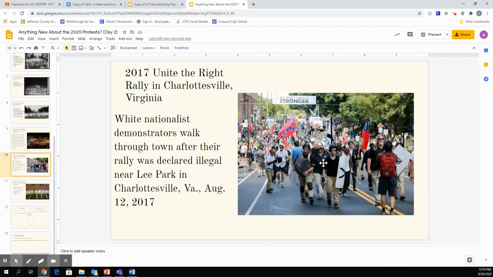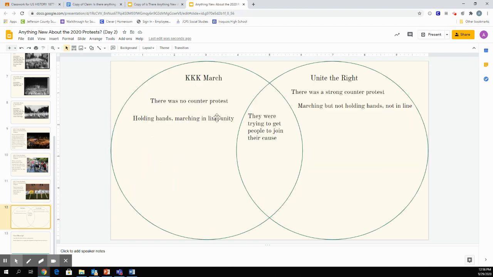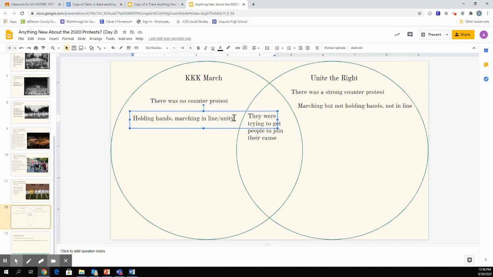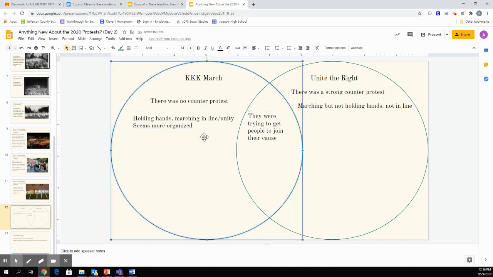Nobody's holding hands. There's no real lines or unison. They're just kind of walking. So one difference is that in the KKK march, people were holding hands, marching in unity, and it seems more organized. So that's one example of a difference.